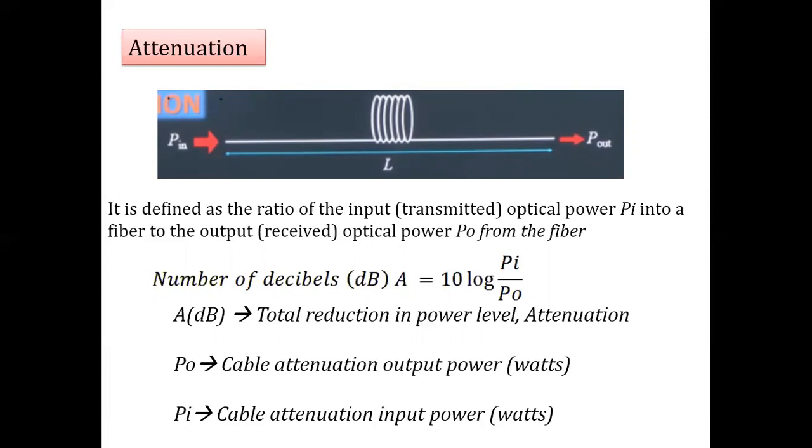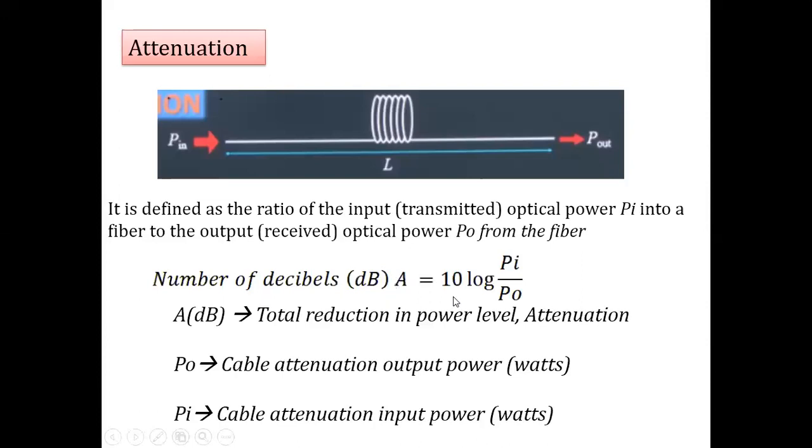The power loss in the fiber cable is defined as the ratio of the input, that is the transmitted power into a fiber, to the output, that is the received optical power from the fiber. This power can be represented in terms of decibels.